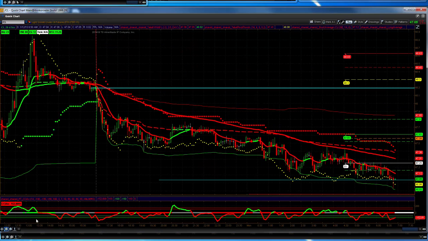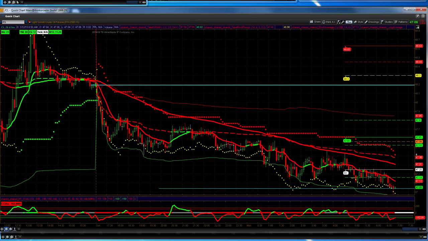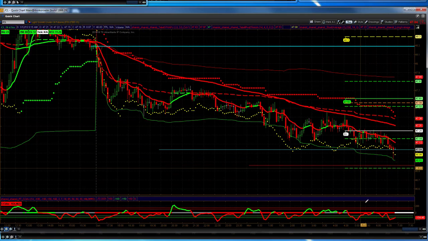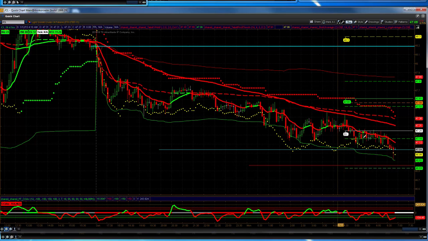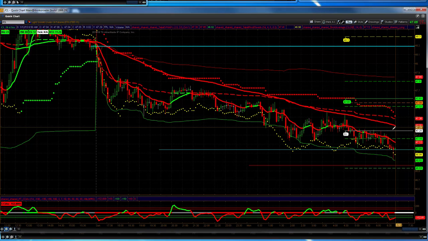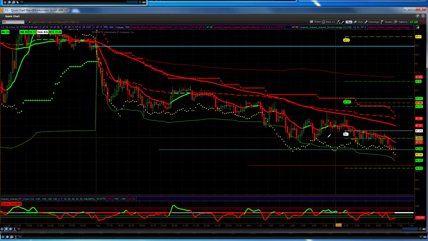Now, remember, we've got our 5 minute pivot, which is the one I like to use in our day trading, sitting right here at 47.40. You see how this is dynamic and it changes throughout the day. So I like to put up on Twitter when these things are changing because they tend to be dynamic as they move down, and then they become points that we look at to see if trend is changing throughout the day.